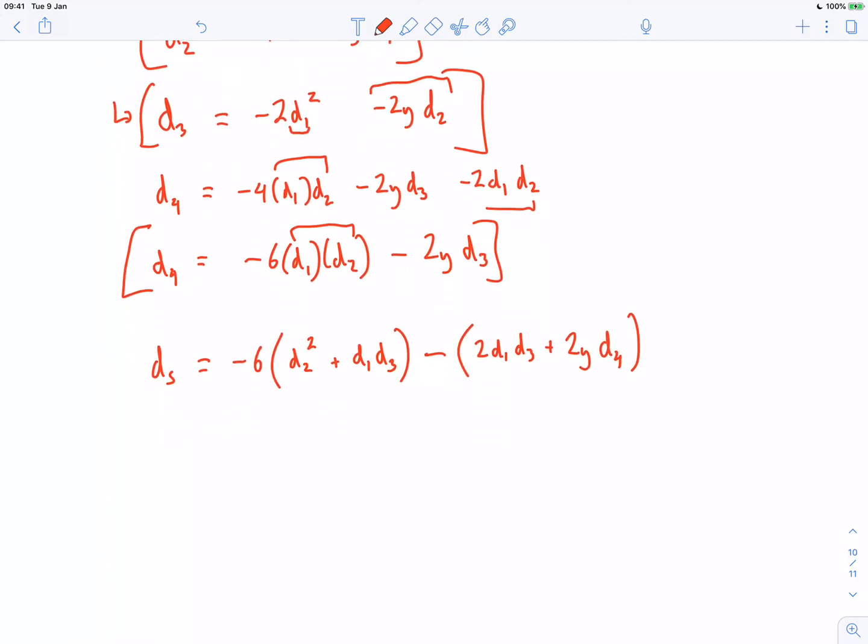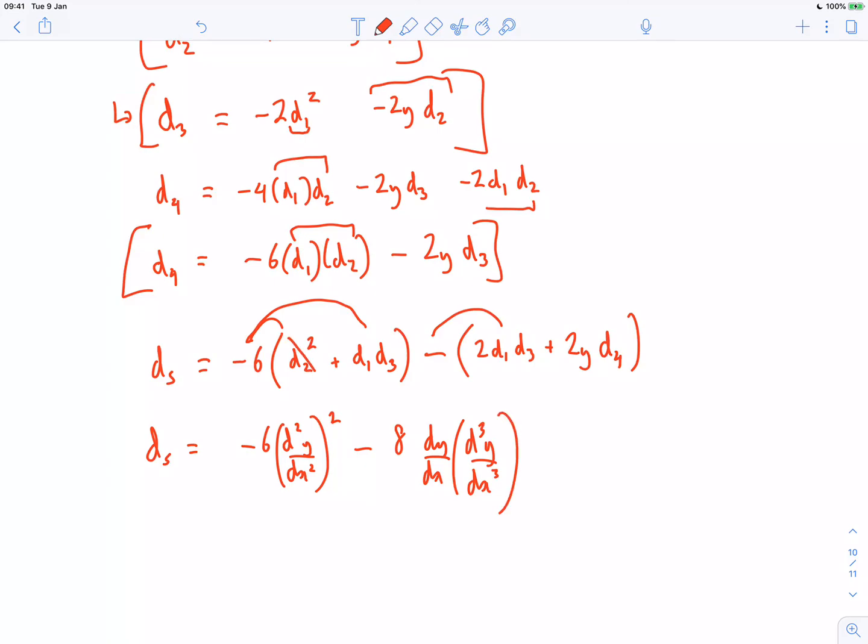So I'm more or less ready to go. I've got d5 here. I've got minus 6 d2 squared, so minus 6 d2y by dx squared, squared. I've got a minus 6 d1 d3 there, but also a minus 2 d1 d3 there. So I've got minus 8 lots of dy/dx times d3y/dx cubed. And now I just have minus 2y lots of d4y/dx to the 4.